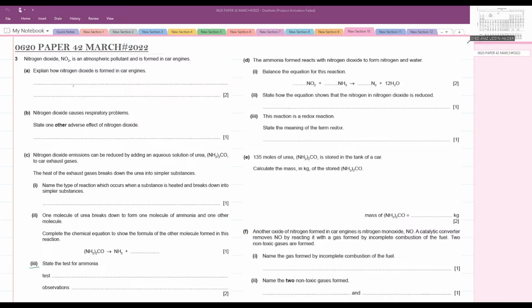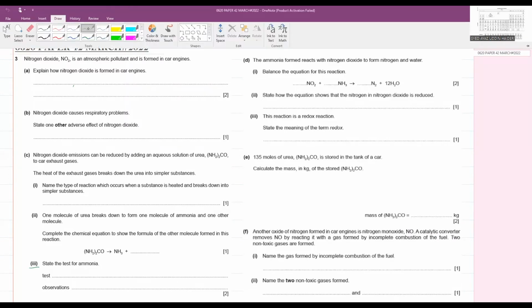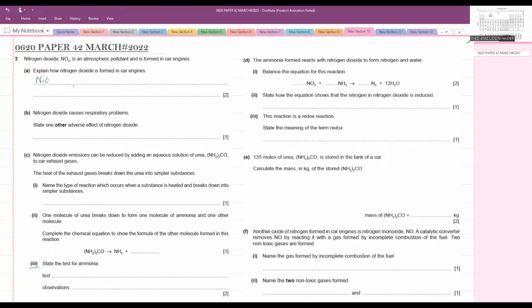So the final answer will be like this: nitrogen from air and oxygen from air react. And the second line: react due to high temperatures of engine.